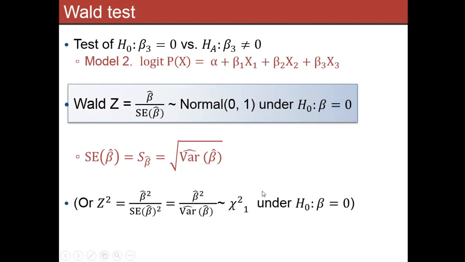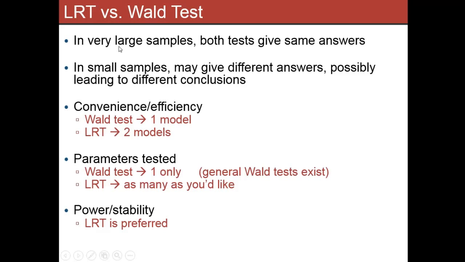So both approaches more or less will give you the same answers. The likelihood ratio test is a slightly more powerful test. It will always give you pretty much a slightly smaller p-value, let's say. And when you have small sample sizes, the gap between them will get exaggerated in some sense. If you have a very small sample, then the likelihood ratio test will be more powerful.